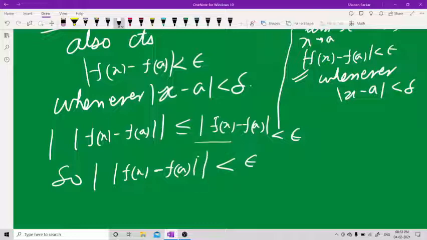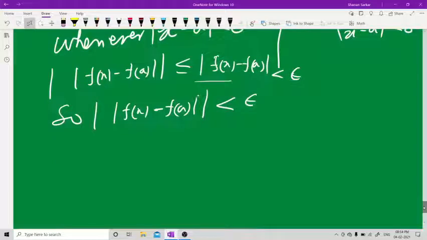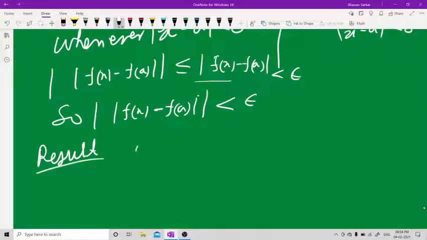Now, how did you get this result? Let me write some very important results. Result one: mod x plus mod y is greater than or equal to mod of x plus y, that is, mod of x plus y is less than or equal to mod x plus mod y.